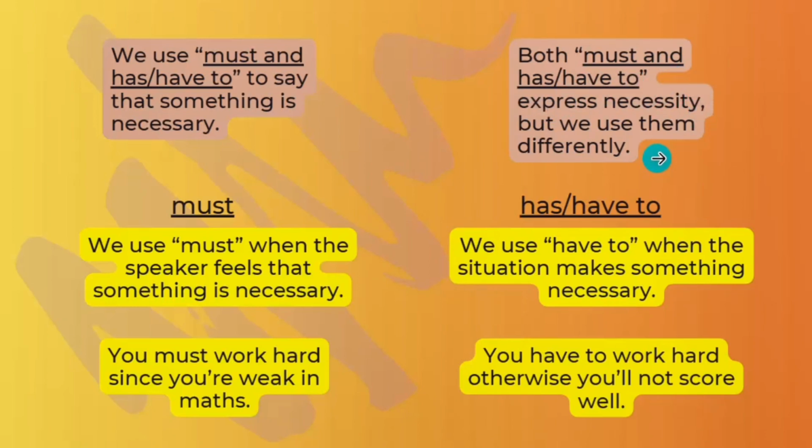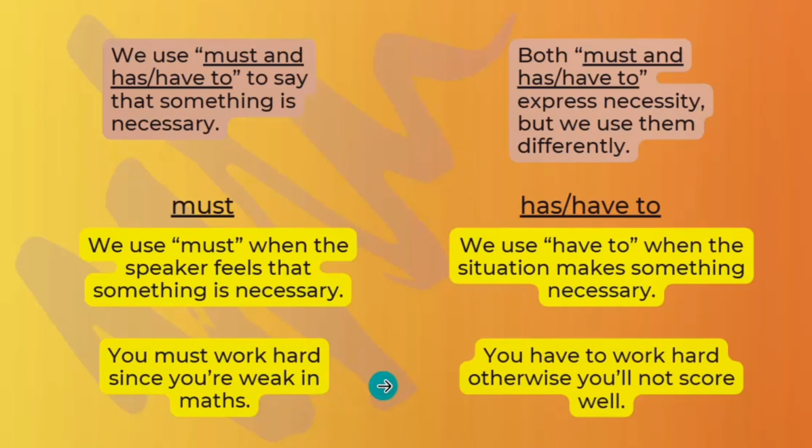So now let's learn the use of must and has have to. But remember, they both talk about necessity, some strong obligations, right? Let's begin with must. We use must when the speaker feels that something is necessary. You must work hard since you are weak in maths.